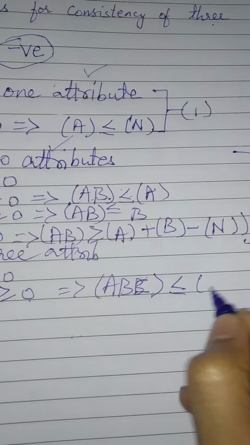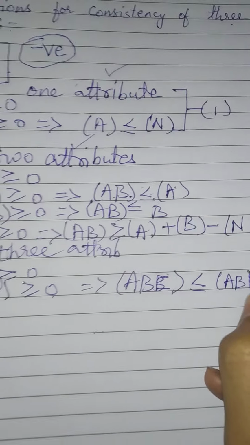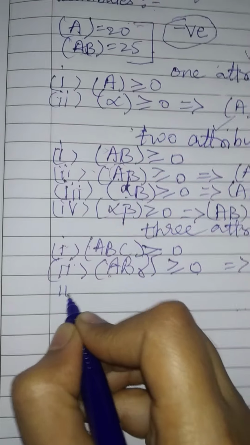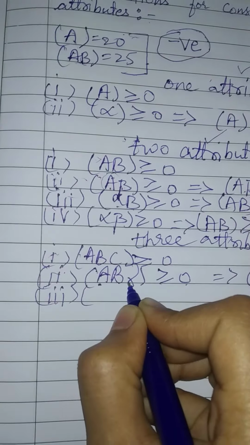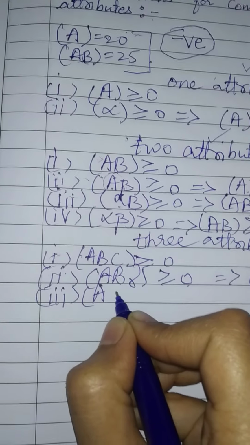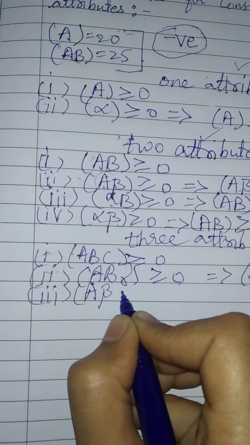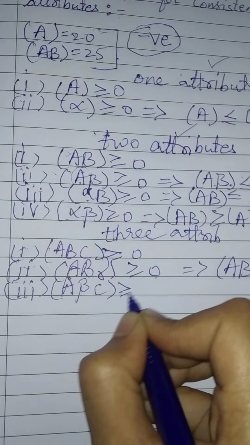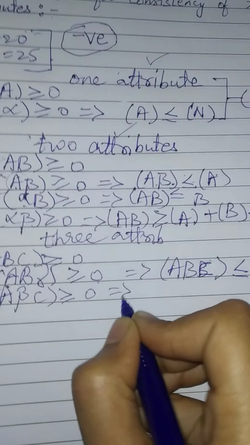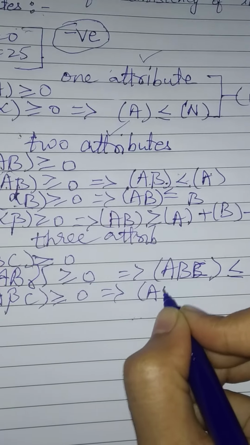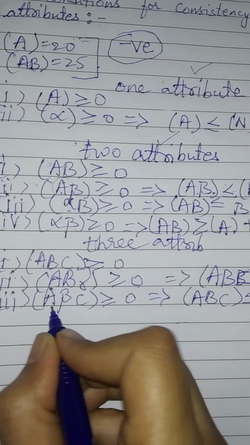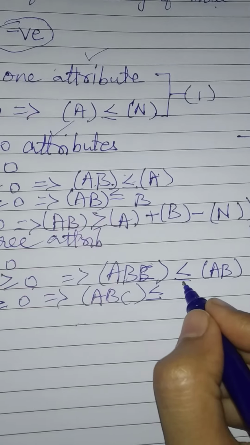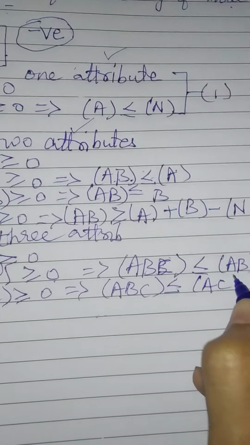Just understand it like this, AB you write. Now if you have the third property as A, beta and C greater than or equal to 0, implies I will write ABC less than or equal to what is left, A and C, no? I will write here A and C class.